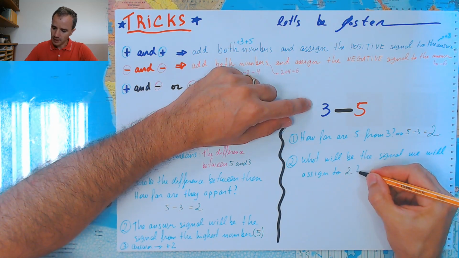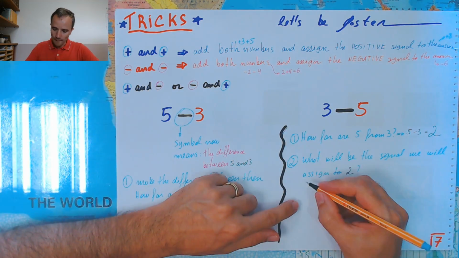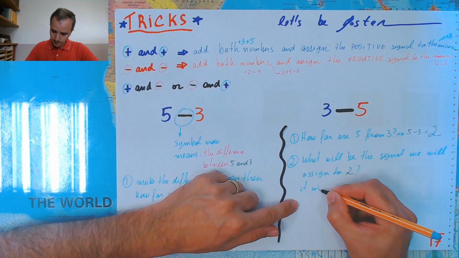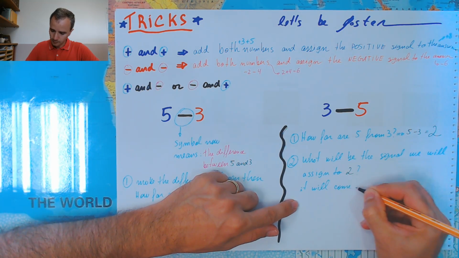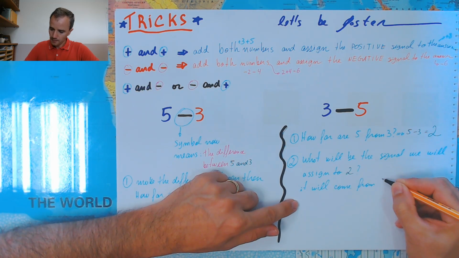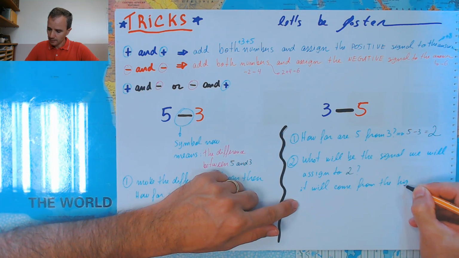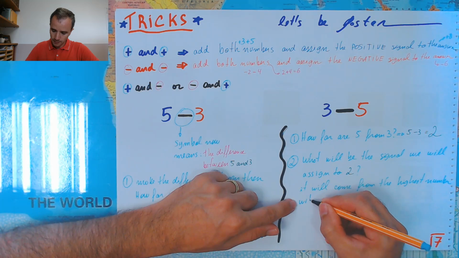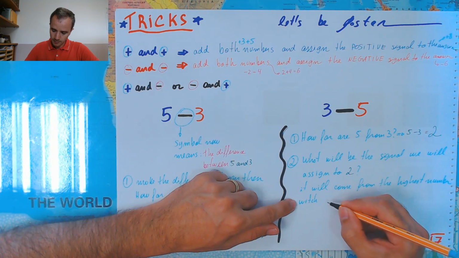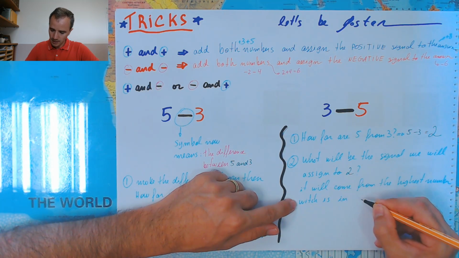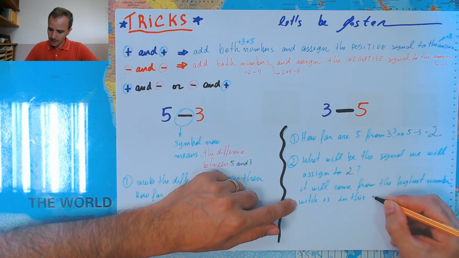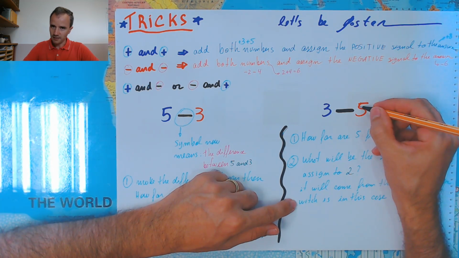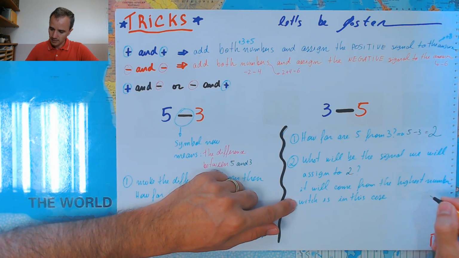It will come from the highest number, which in this case is the 5, right?